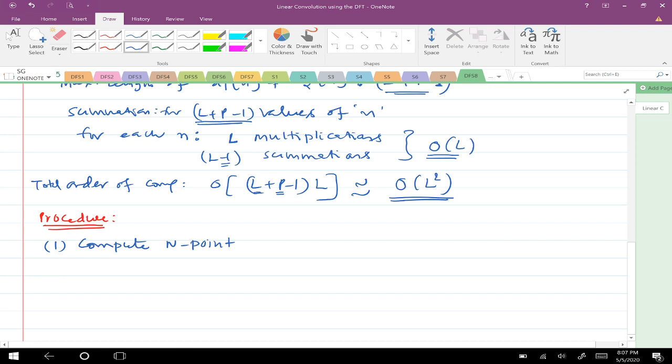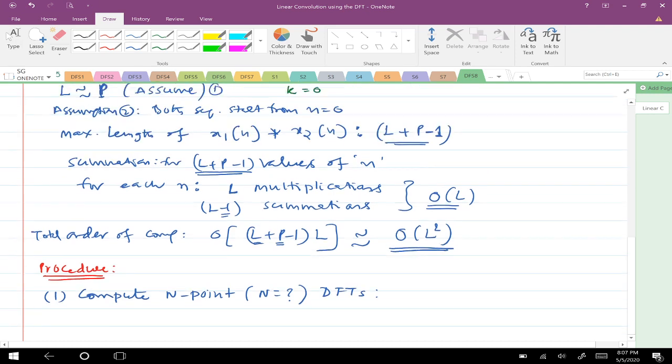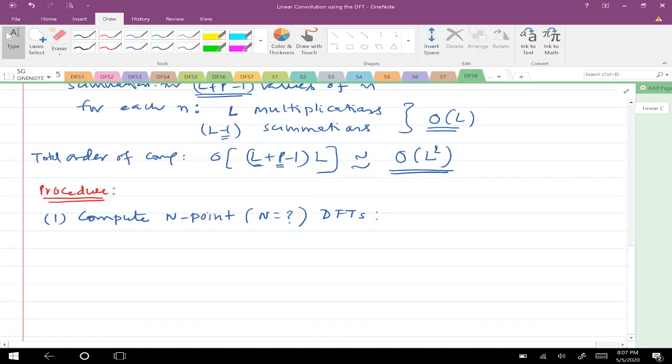So far we are not bothering at this point of time what the value of n would be. So let's call the n point DFTs x1 of k and x2 of k. That's what we would like to do.